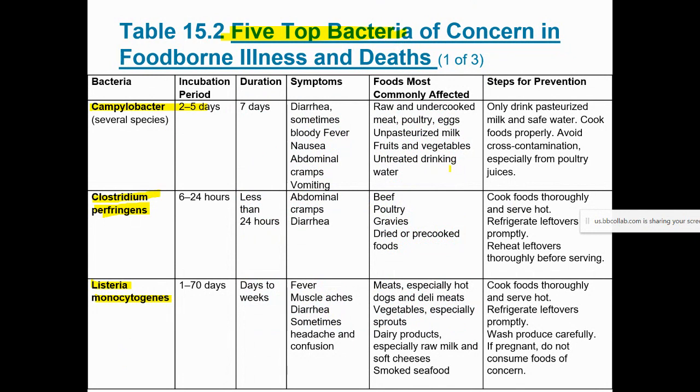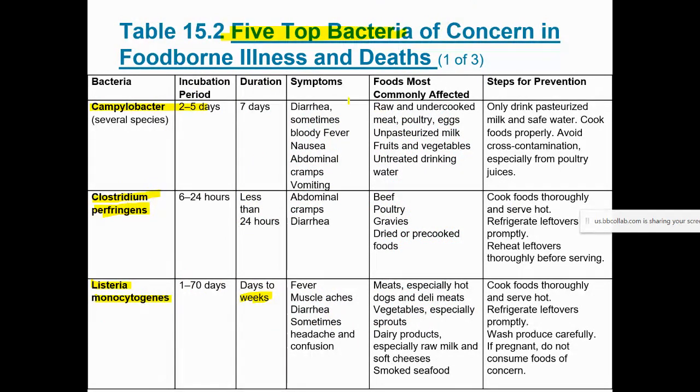You don't really need to remember these, but it shows their incubation period, how long it might take from exposure to the bacteria to actually seeing symptoms, and then the duration of the symptoms. You can see quite a range. With Clostridium perfringens, it's just about a 24-hour illness, whereas with Listeria monocytogenes, it could be a week or several weeks.